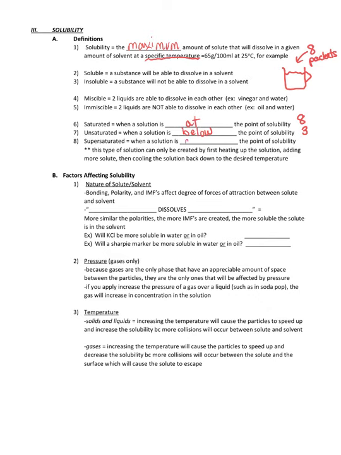Supersaturated is when I'm above the point. So maybe I put 9 packets in. I can only get 8 to dissolve, but I go ahead and heat my coffee up, get that extra packet to dissolve, and then I cool it back down. That extra packet is going to stay dissolved. That's called supersaturated.